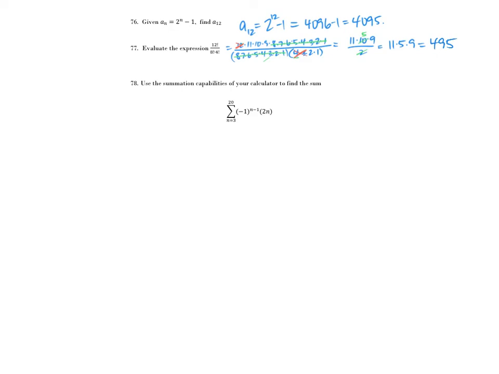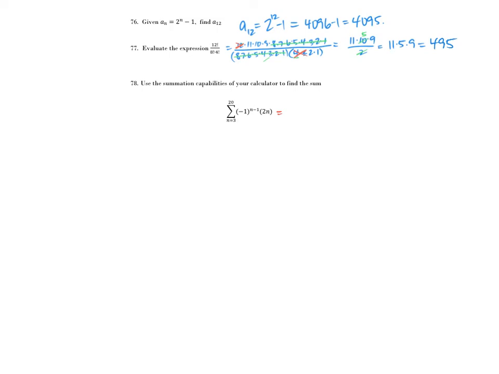Use the summation capabilities on your calculator to find the sum. This is something that you learned to do in class, so I am typing all of that in. Well, actually, let's talk about what this means.